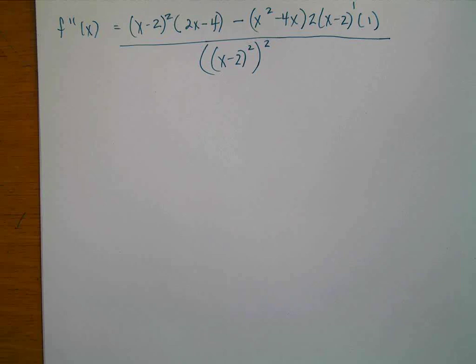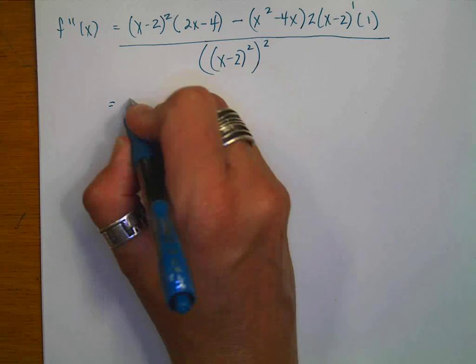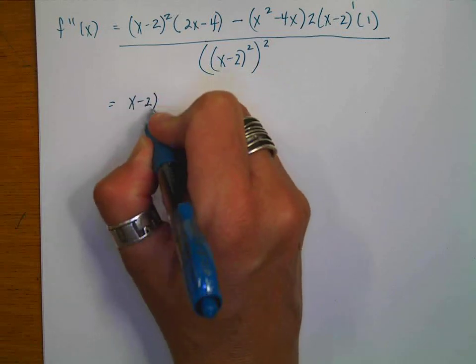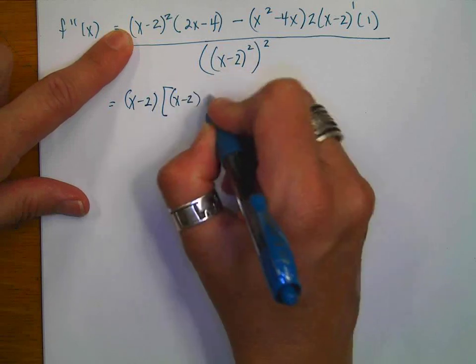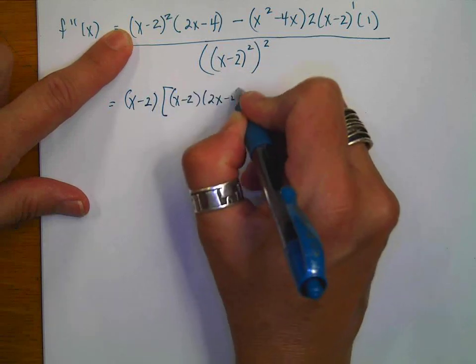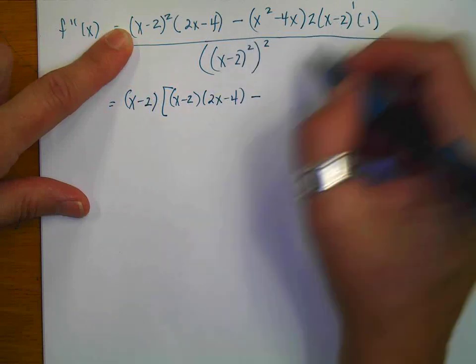And so now what I'm going to do is factor before I try to expand all of this stuff. So I'm going to take out an x minus 2, and when I do that, I'm going to get 1 times x minus 2 times 2x minus 4, and then here's the negative, okay?